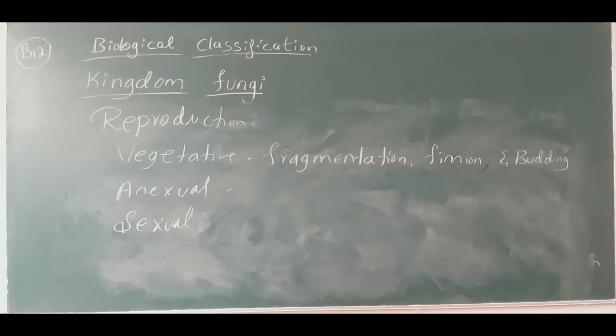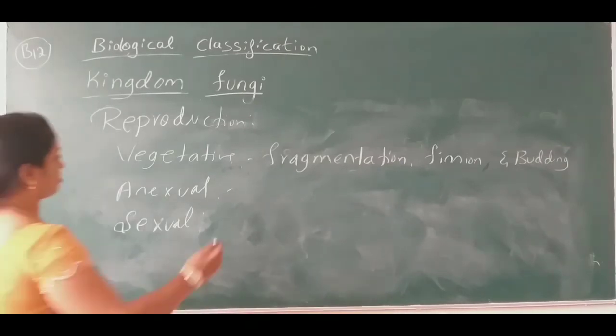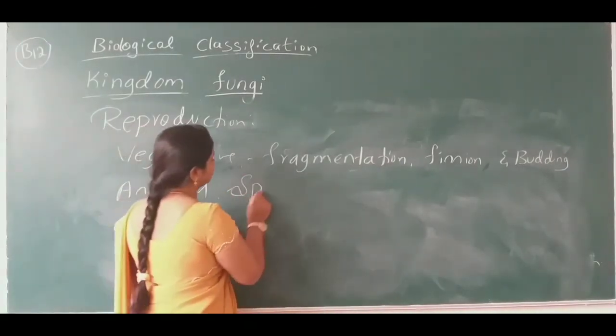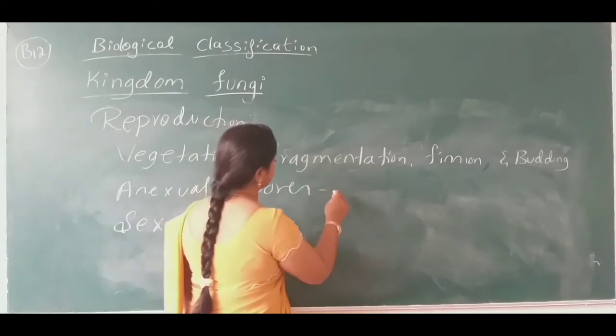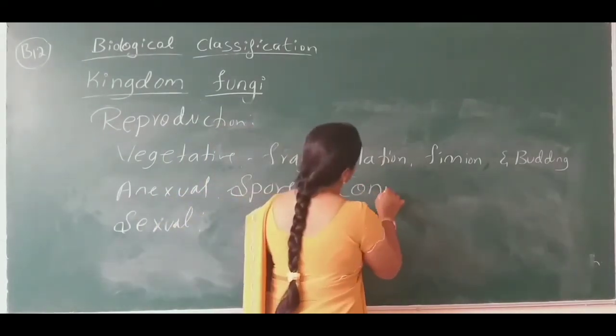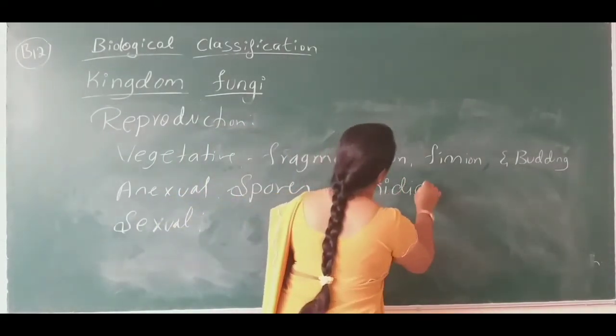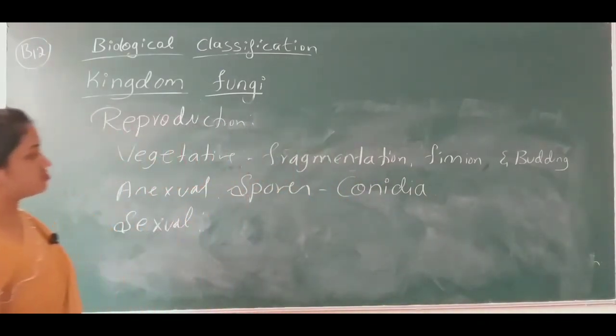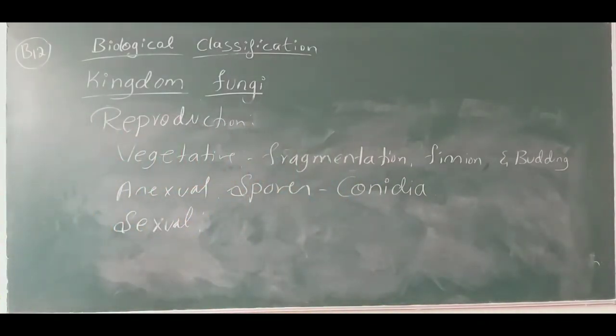Okay, so asexual reproduction is by means of formation of spores called conidia. What do you mean by spores? What do you mean by conidia? Conidia are sporangiospores, or in the sporangium, or the zoospores.